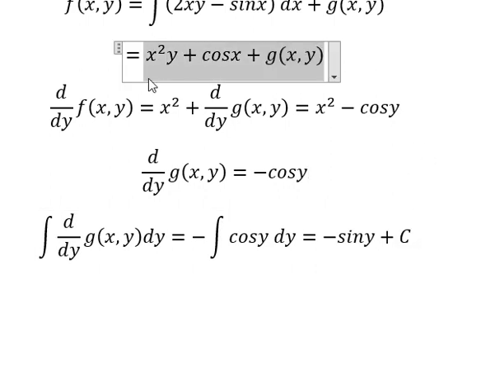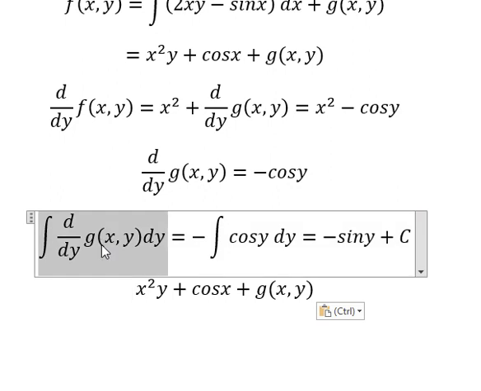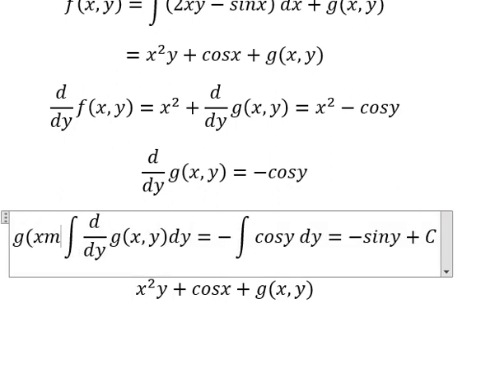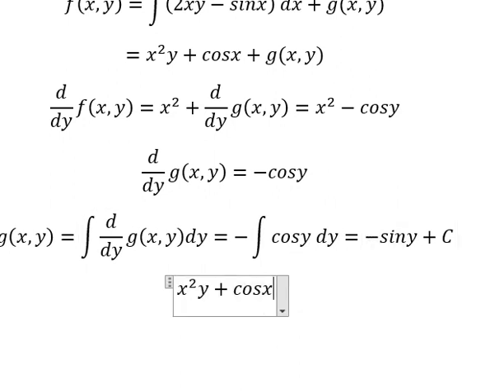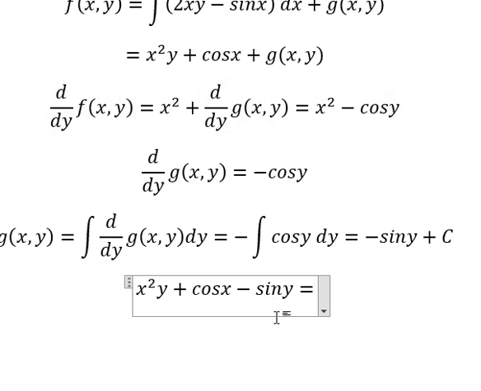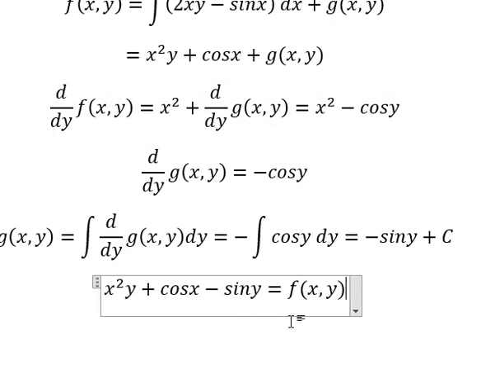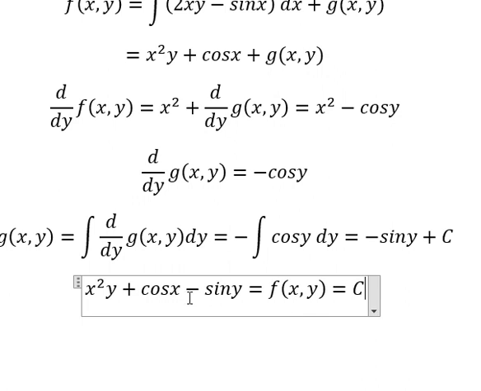Now we return back to this one. The integration of this one, we have 3xy. 3xy equals to negative sine y. And this one equals to f(x,y). f(x,y) equals to c.